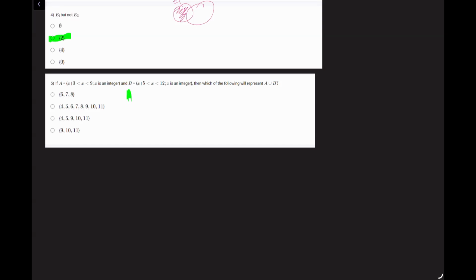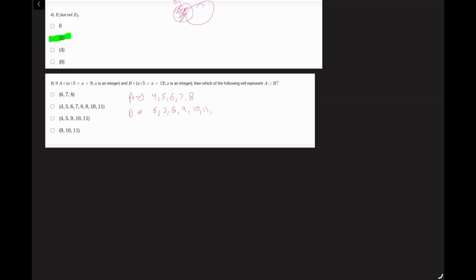Oh, sorry, I just used the highlighter. Let's find out what elements are there in A. X is greater than 3, less than 9, which means 4, 5, 6, 7, and 8. B, you have 6, 7, 8, 9, 10, 11.